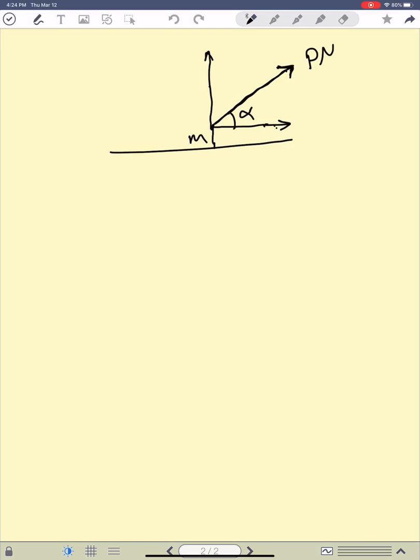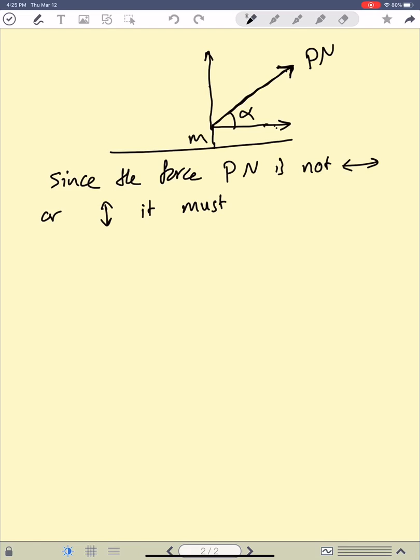So I will write what I said now. Since the force P newtons is not horizontal or vertical, it must be resolved into two components.